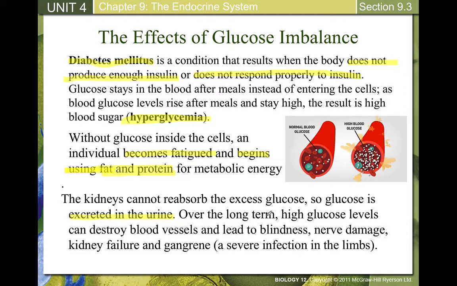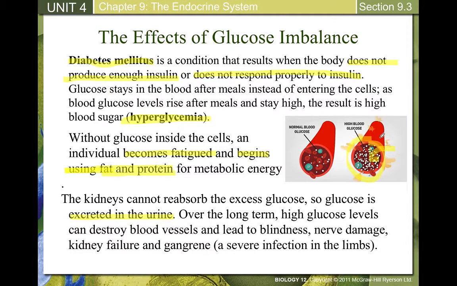So over the long term, if you leave high glucose levels, like this over here, if you leave high glucose levels inside of your blood vessels, what it ends up doing is it makes the osmotic pressure inside of your blood cells really high. And so that causes water to want to move in to the bloodstream, right? And that's going to increase things like blood pressure.